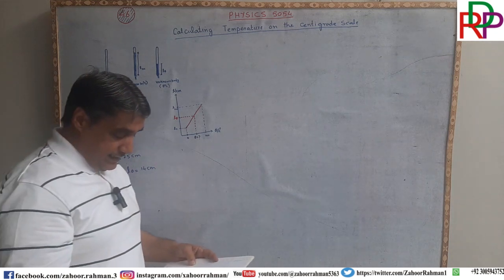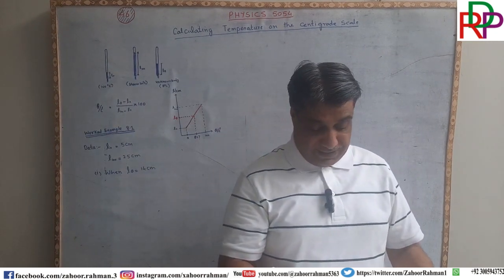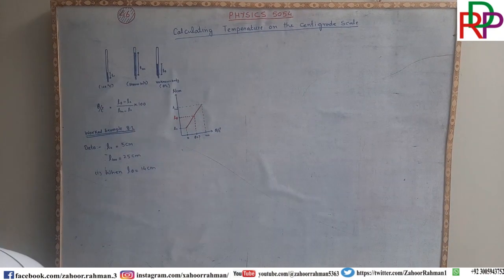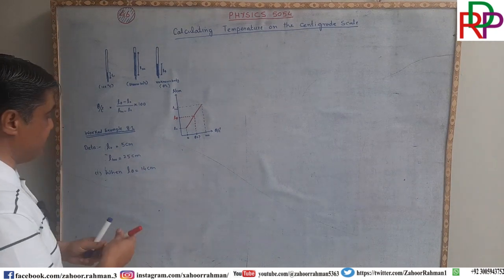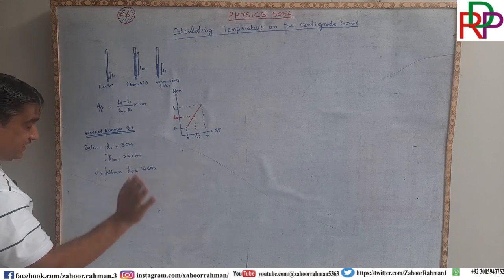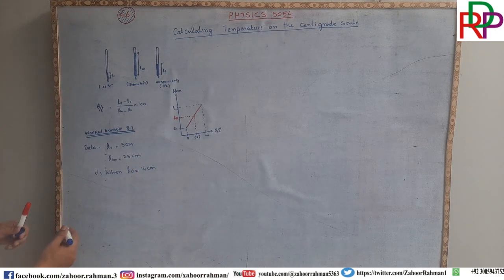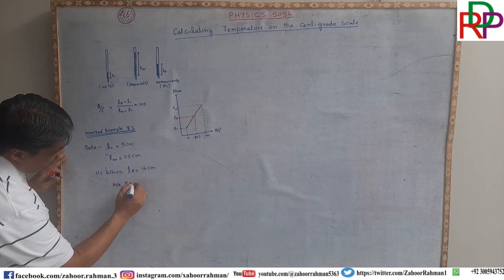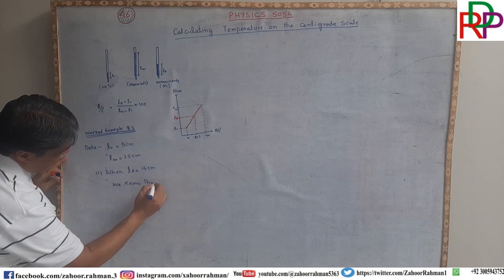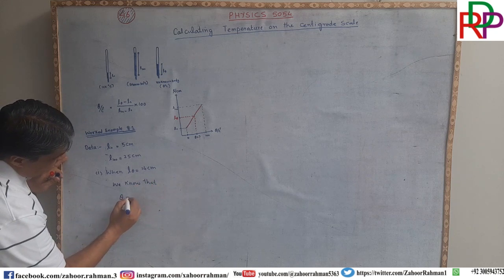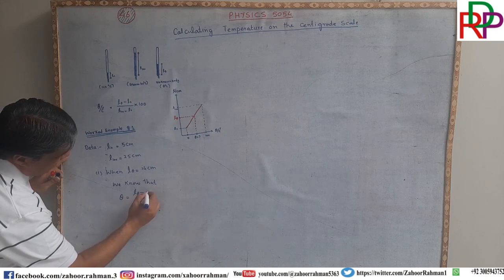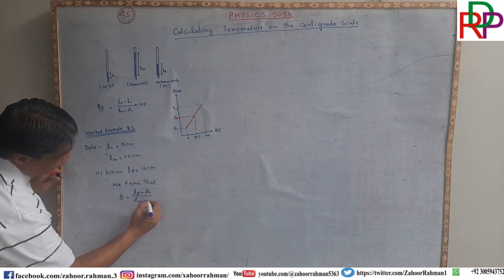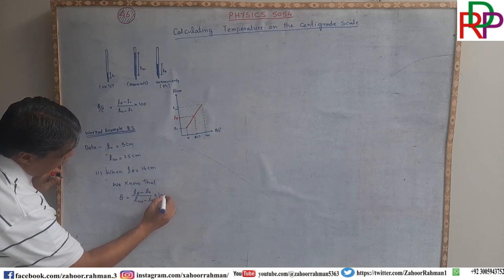So what they are asking is what is the temperature when L theta is 14 centimeter. Ladies and gentlemen, the first case is 14 centimeter. So when L theta, that is the unknown temperature, is 14 centimeter, we have to use the formula. We know that theta is equal to L theta minus L naught divided by L100 minus L naught multiplied by 100.